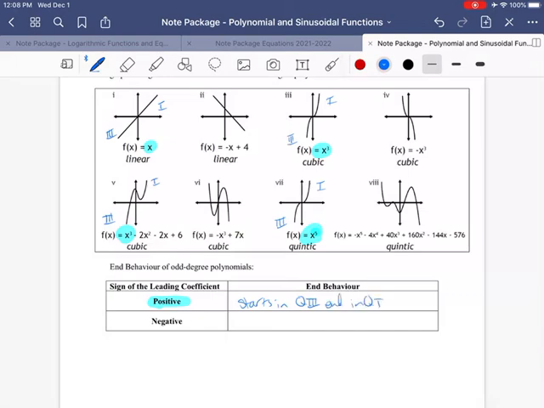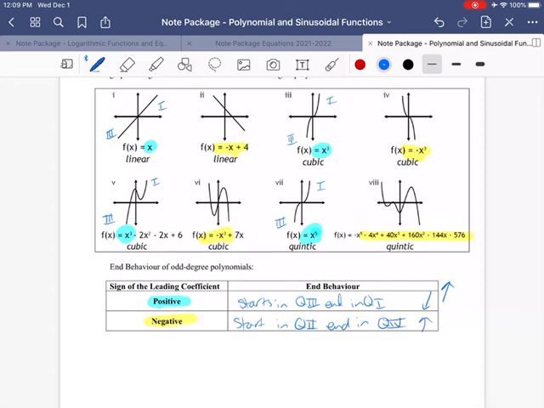And they end in quadrant 1. So if you look at the arrows, they're kind of doing that. And the negative ones, let's highlight in yellow. So that's the ones we haven't done. And what about their end behavior? Well, they start in quadrant 2, and they end in quadrant 4.